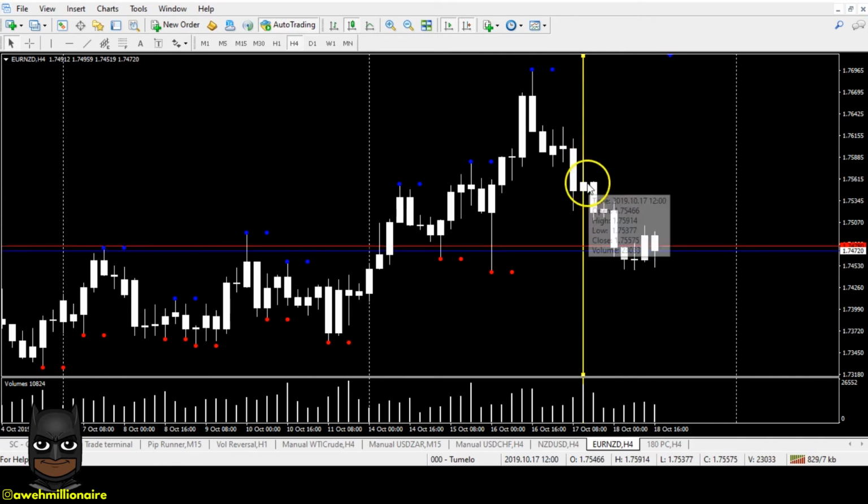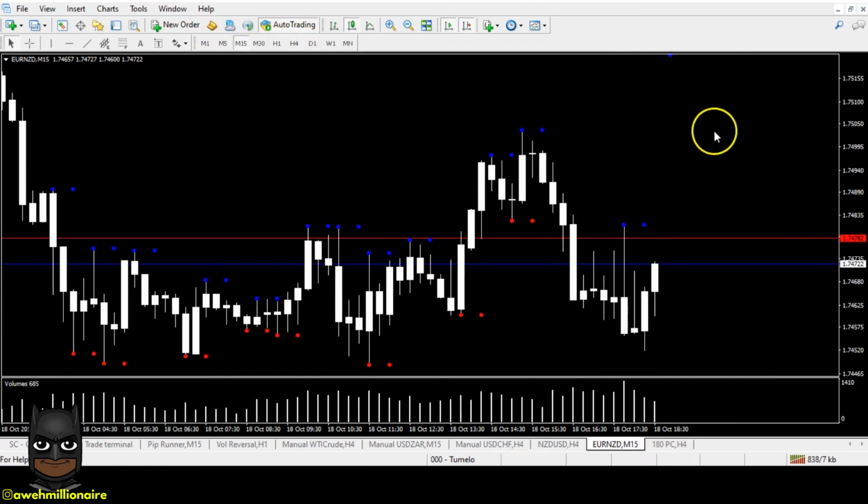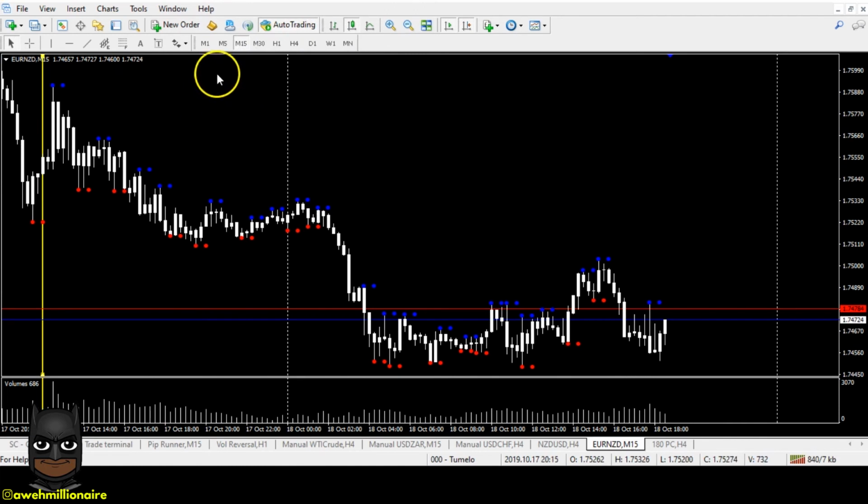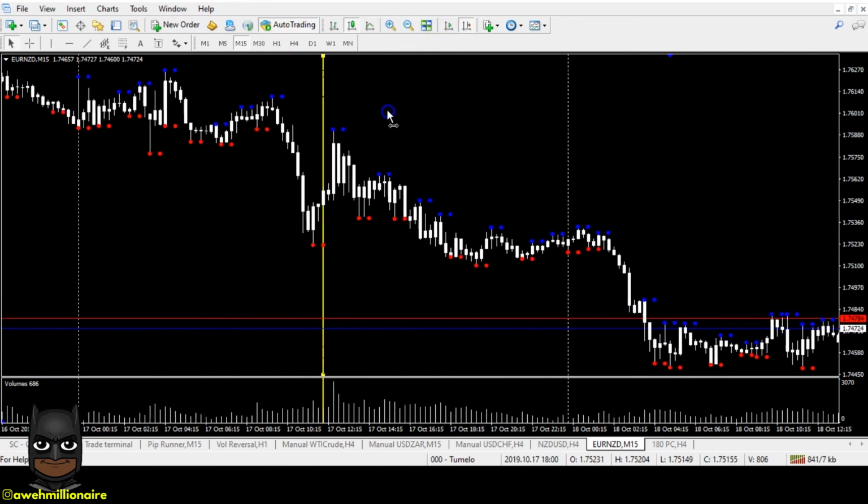So this is, as we can see, where price went down, which is the supply level. So we place our vertical line over there. That's step number 2 checked. Step number 3 is to go to the 15-minute time frame. On the 15-minute time frame, the next step is to actually draw the supply level using the Forex volume.